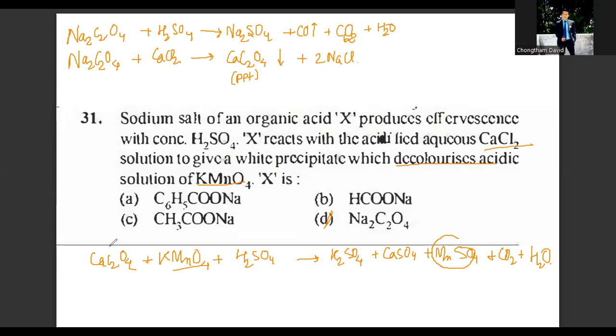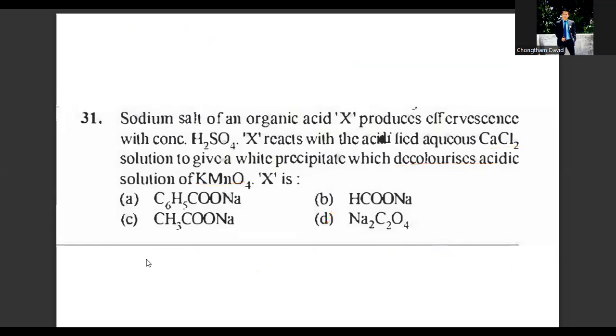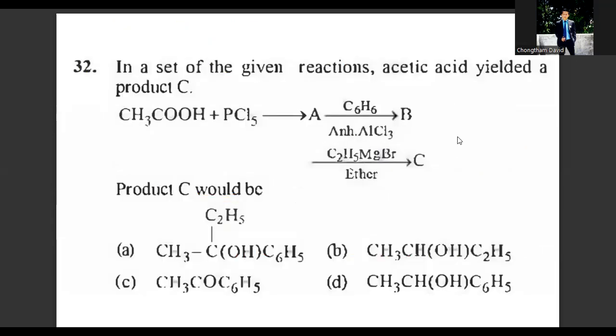Question number 32. Let us see. In the set of the given reactions, acetic acid yielded product C. PCl5 and acetic acid gives A, followed by reaction with benzene gives B, followed by anhydrous aluminum chloride in the presence of Grignard reagent in ether gives C. The question is asking to find C. This is a product identification reaction.